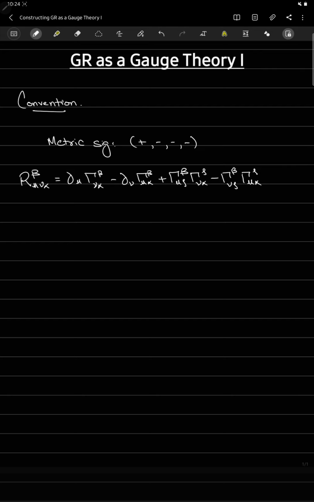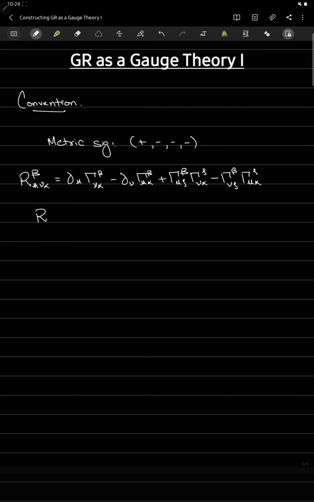And by the way, this Γ is just the Levi-Civita connection, or Christoffel symbols. These things just come from your basic course on general relativity, right?